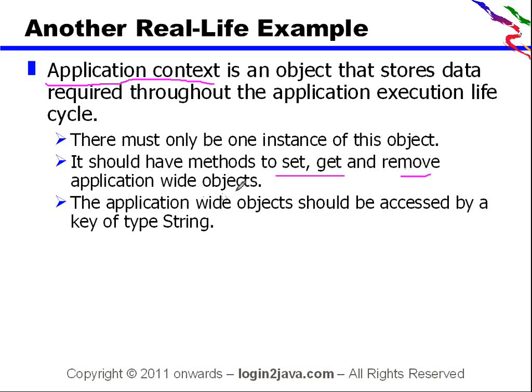Normally you need a key-value pair where the key is a string and the value can be any object, to set into the application context and to get from it. And if you want to remove that object, you can have a remove method. The application-wide object should be accessed by a key of type string, and the value can be any object.